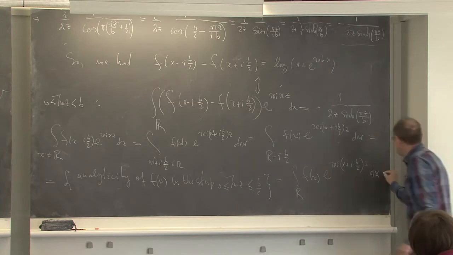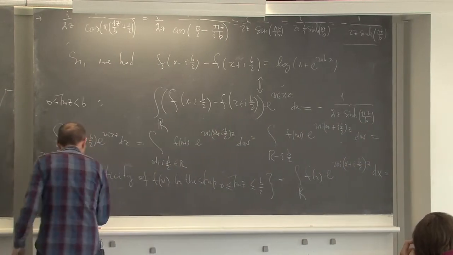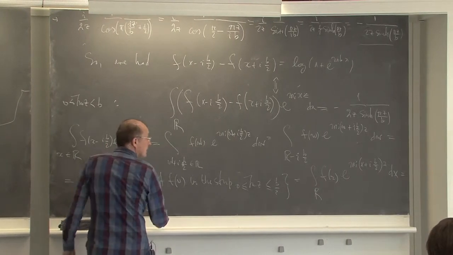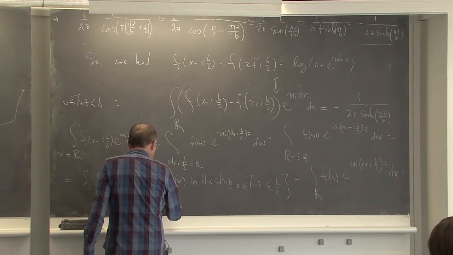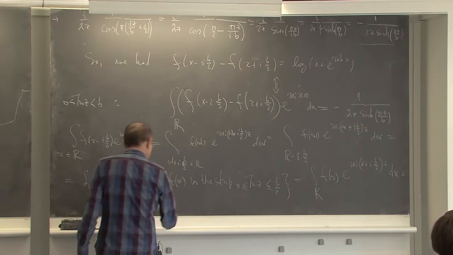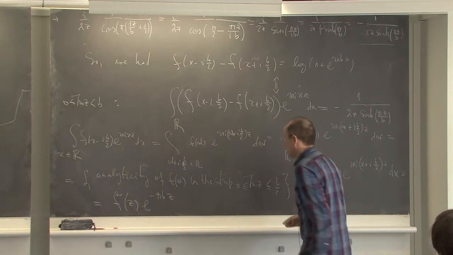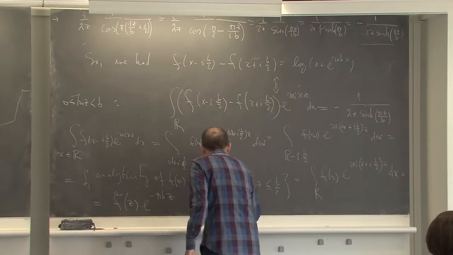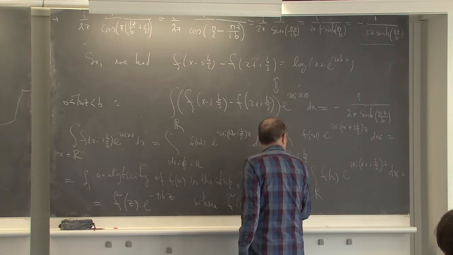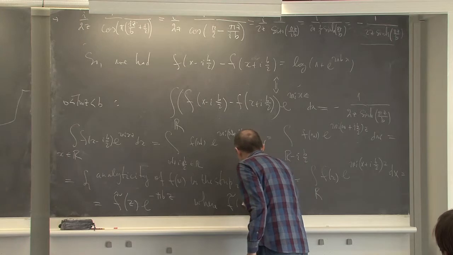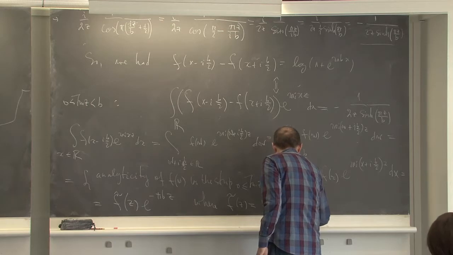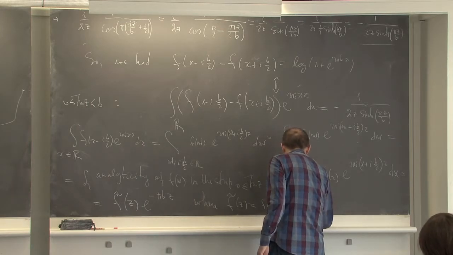And now I can say that this is f tilde of z times e^(minus pi b z), where f tilde of x is f of x e^(2 pi i x z) dx, the Fourier transform.